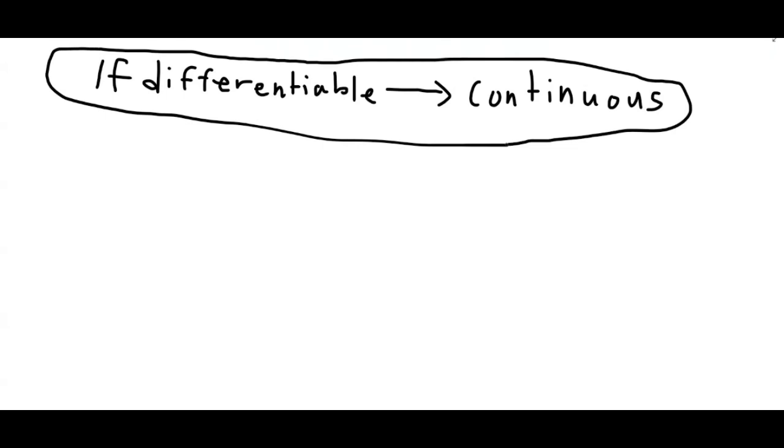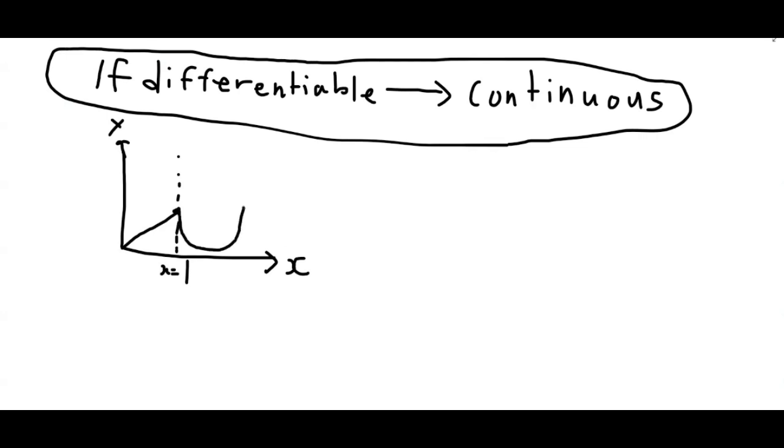Also, just because a point is continuous, it does not necessarily mean it's differentiable, because if you look at a graph here, say this is y, this is x, even though, let's say for x equals 1, the function is continuous, but what happens if there's a suddenly sharp curve here? x equals 3.